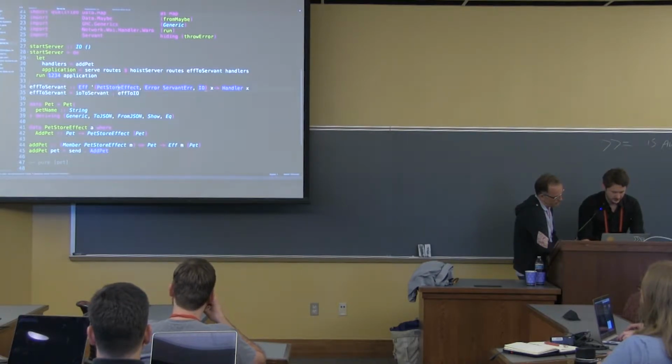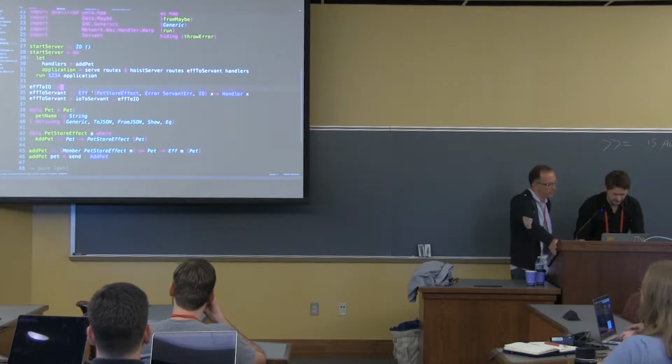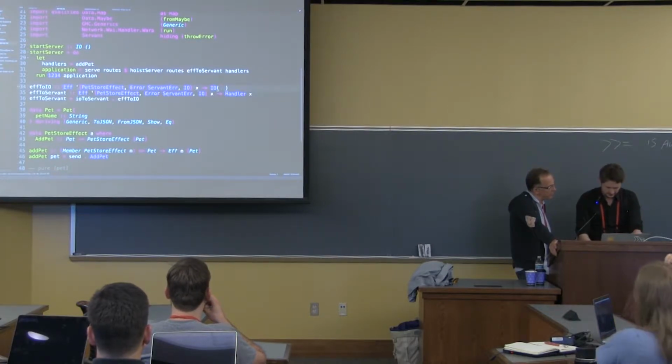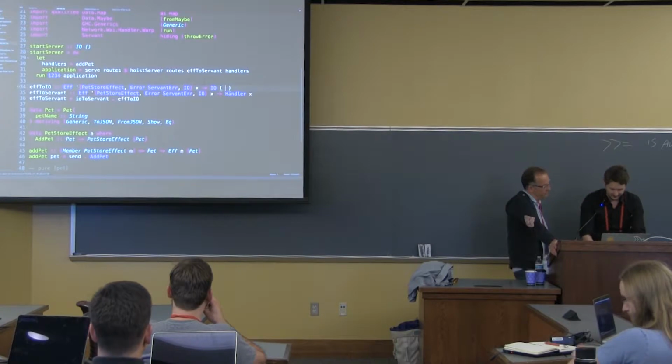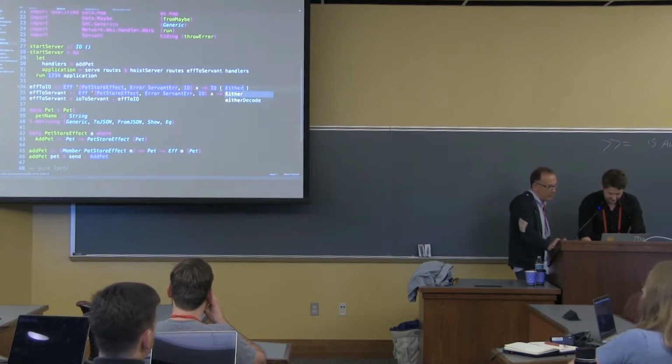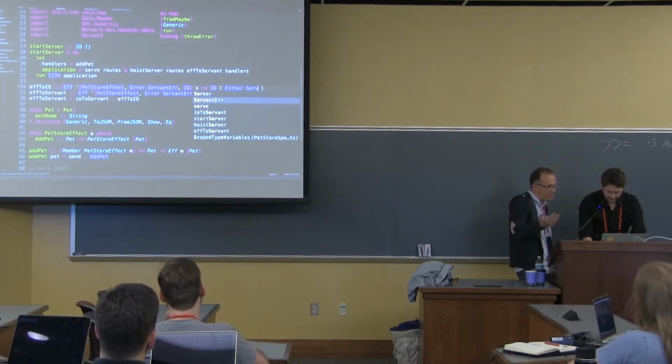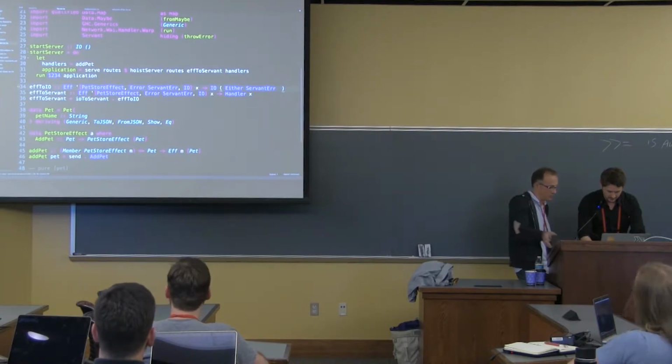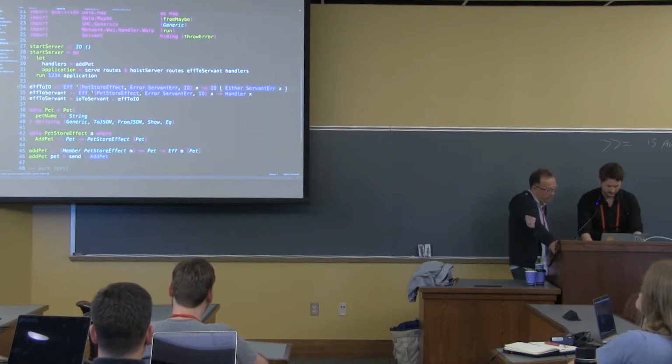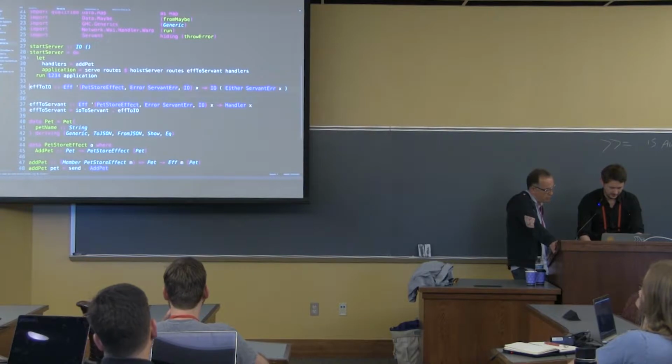And F to IO will just go from this thing to IO of, so that's where we need some kind of error handling. So that will be the Either, because that's what servant expects later as well, right? Servant expects some Either value with either a servant error or some result X. Yep. Okay, looks good. And then let's just make it undefined for now, just to see if it compiles.